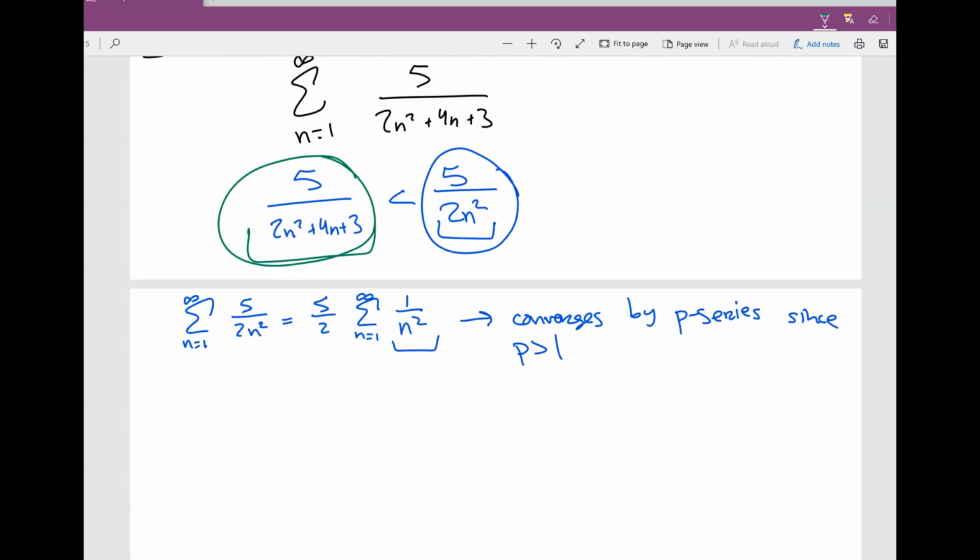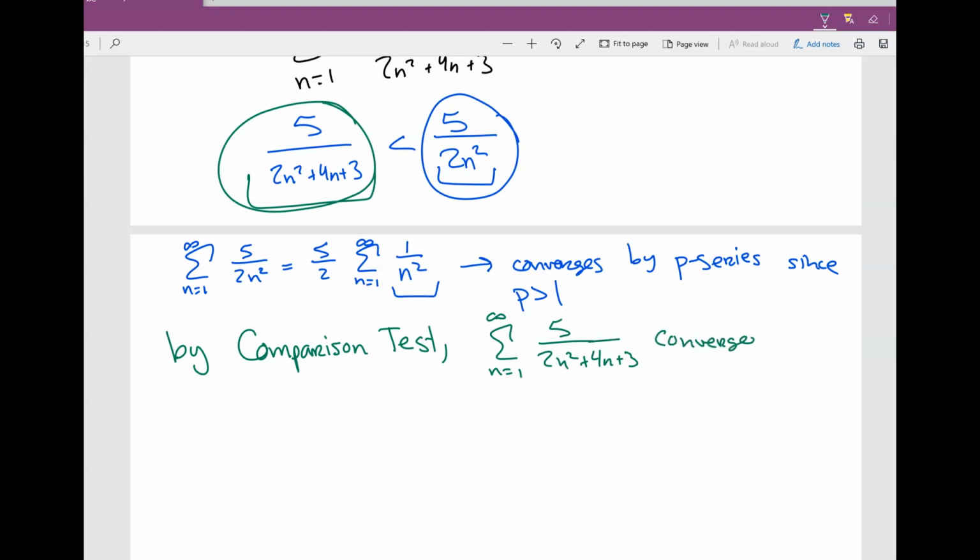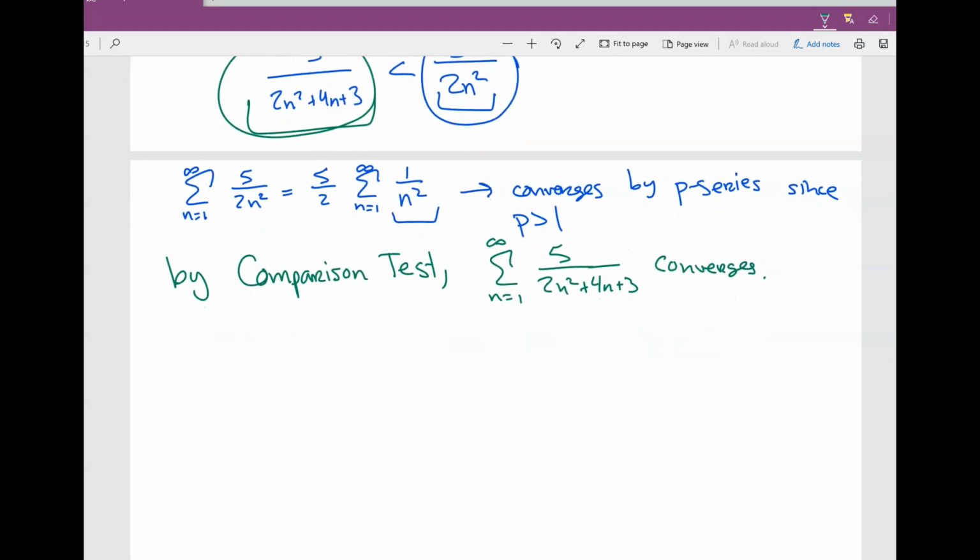So because this one converges by P series, by the comparison test, the sum from n goes from 1 to infinity of 5 over 2n squared plus 4n plus 3 converges. Okay? All right, let's do another problem.